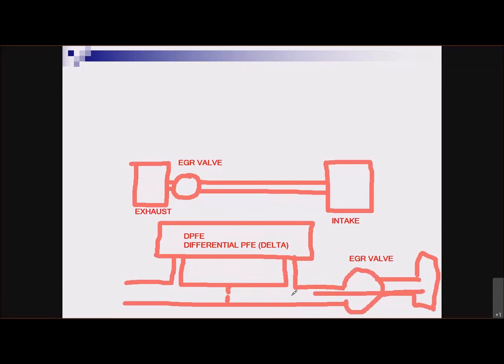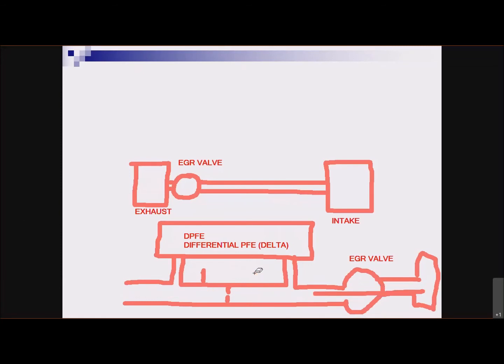That means that there's going to be more pressure against this side of the orifice than there is over here, because this side of the whole chamber has a big hole in it leading to the intake manifold, which is pulling that exhaust out, right? So the pressure on this side is going to drop way down below what the pressure is on this side, because that orifice is making a restriction. It's not allowing the exhaust to flow out of here as fast as it's allowing to flow out of here.